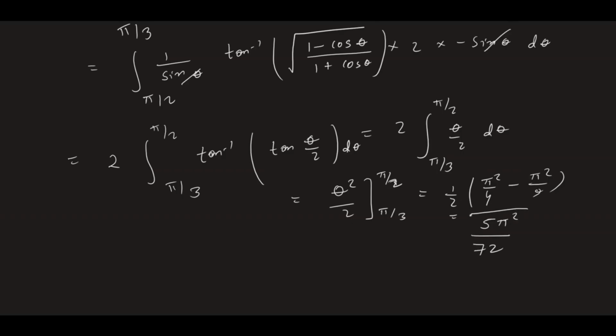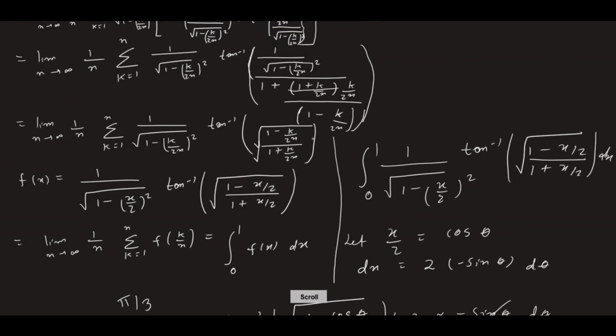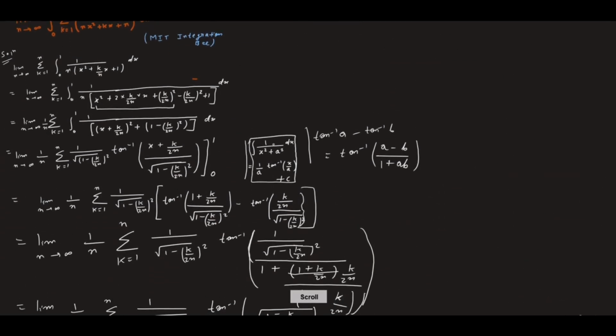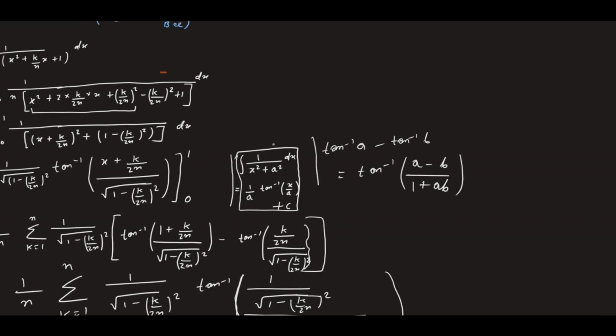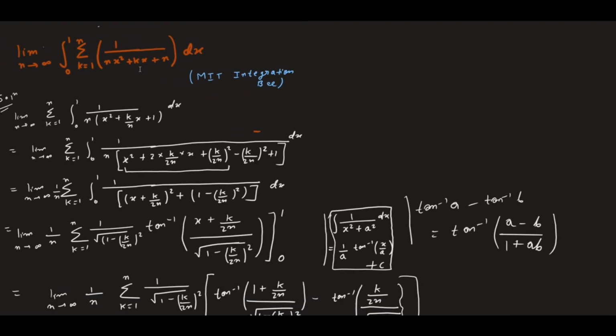So the answer to this problem here is 5 pi square by 72.